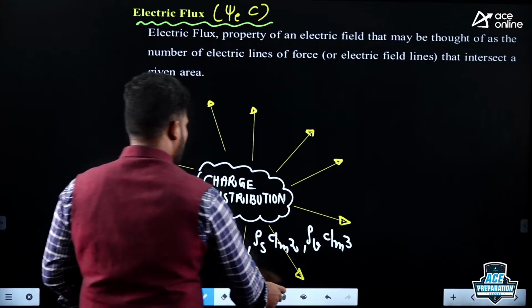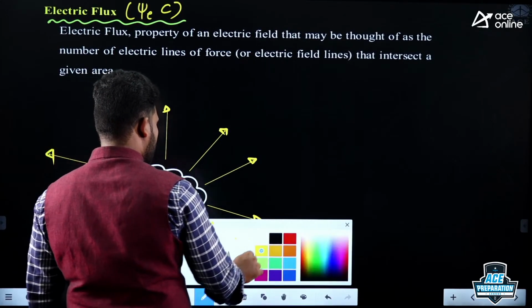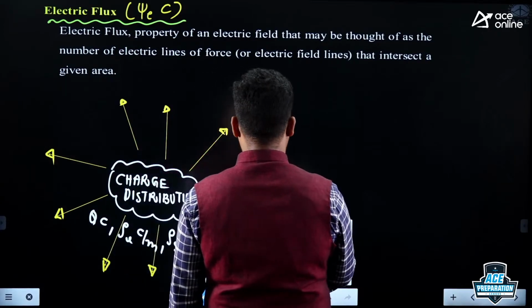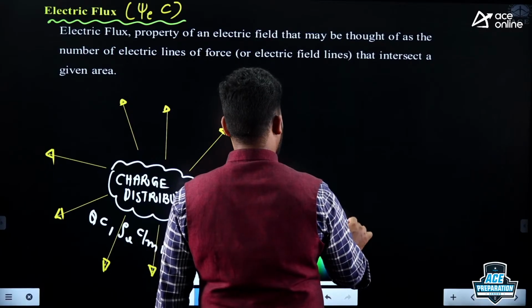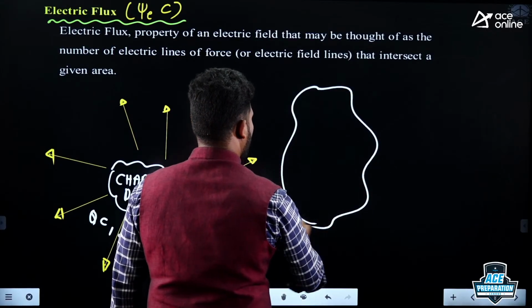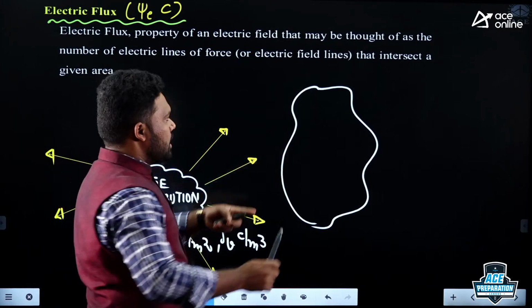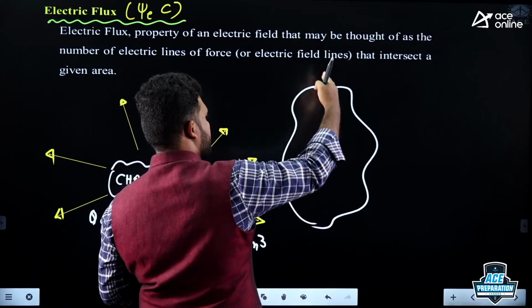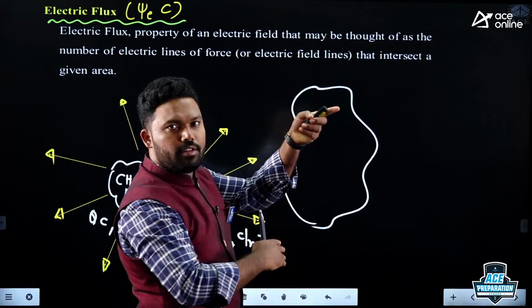Now I will consider some surface here, an open surface I would say. This is a surface. So the electric field lines are present like this, and there is a surface I am placing here. The electric field lines are entering from here and leaving from here.